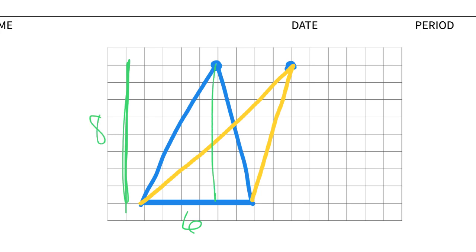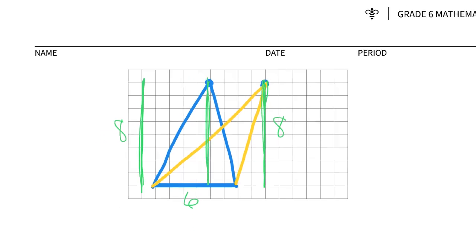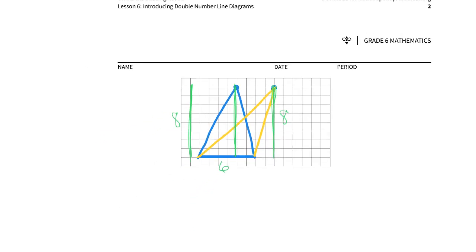In this case, the height kind of is right here. In this case, the height is outside of the triangle itself, right? So they all have a height of 8. And so I gave you 2 triangles to choose from, the blue one and the yellow one.